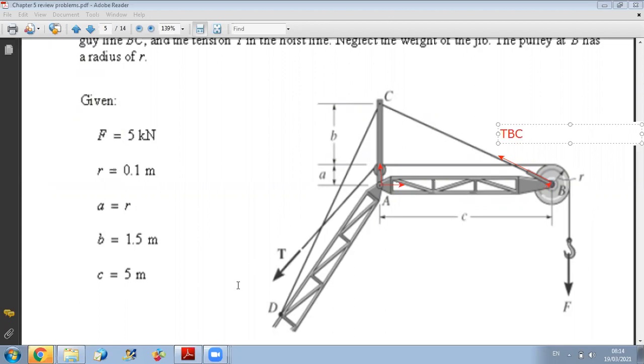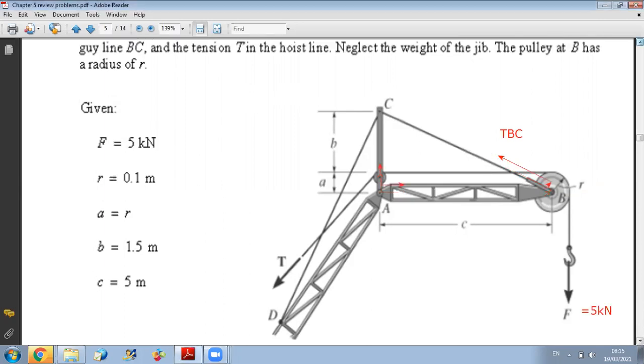Okay, so first, what I know is that the force F acting on the pulley here is equal to 5 kilonewton. So this is 5 kilonewton. Now concerning, I will check if they gave us something about the weight.